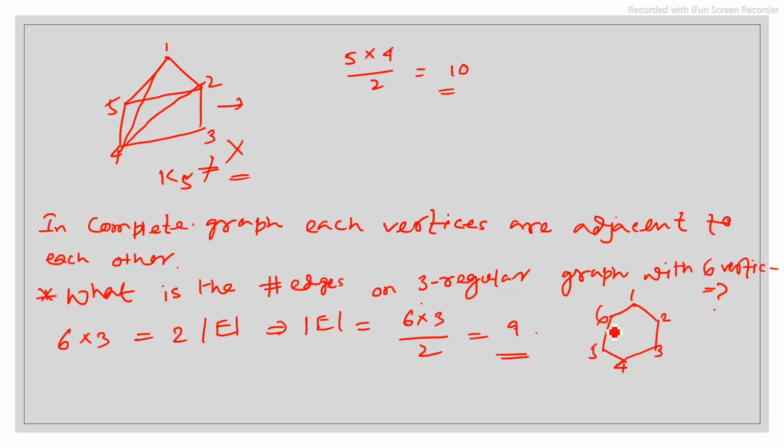Here you can see E1, E2, E3, E4, E5 and E6, that means 6 edges are already there. Now the remaining 3 edges will connect between two vertices, this edge and this edge.